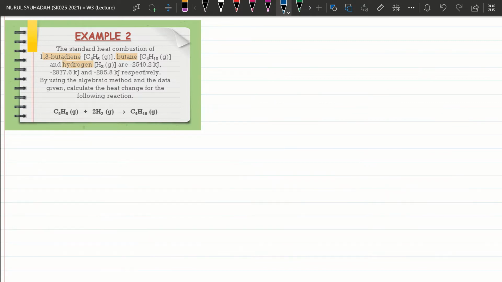So let's start with the first equation, for butadiene. 1 mole of C4H6, already given to you as gas, plus oxygen gas. The products will always be carbon dioxide plus H2O, liquid.